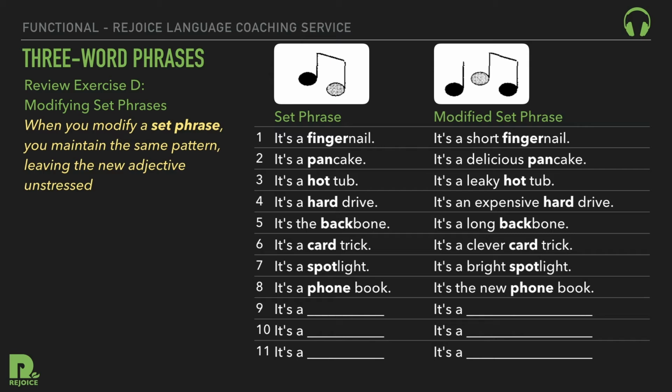It's a leaky hot tub. 4. It's a hard drive. It's an expensive hard drive. 5. It's the backbone. It's a long backbone. 6. It's a card trick. It's a clever card trick. 7. It's a spotlight. It's a bright spotlight. 8. It's a phone book. It's the new phone book.